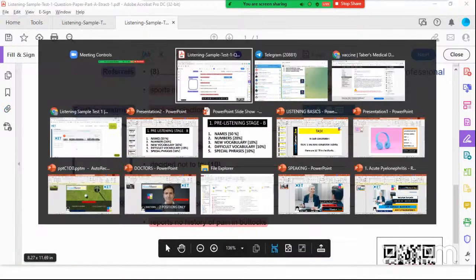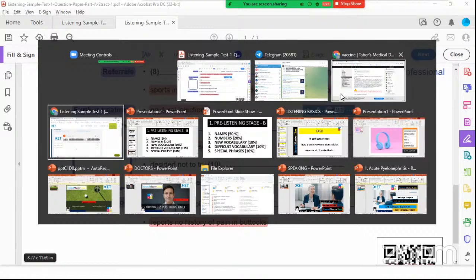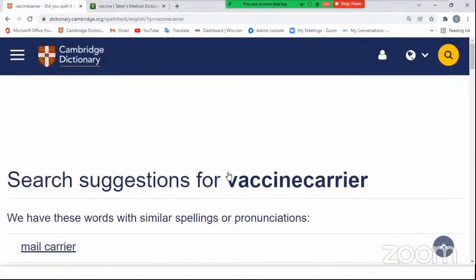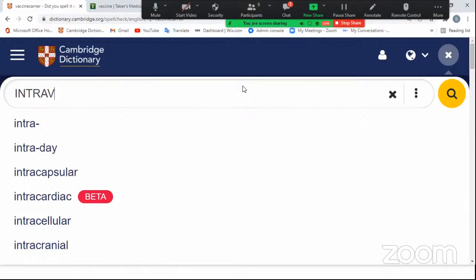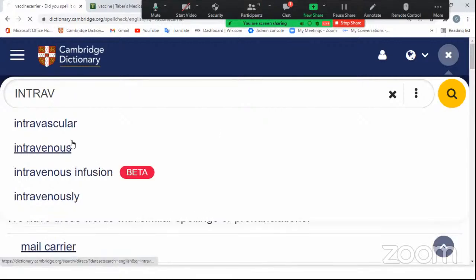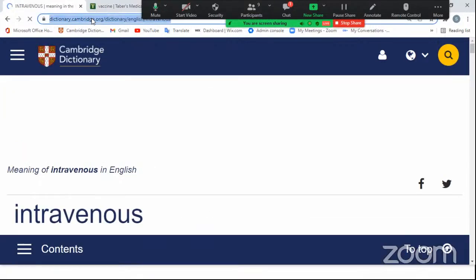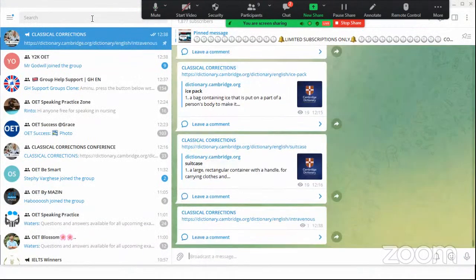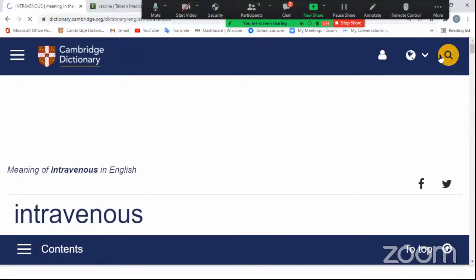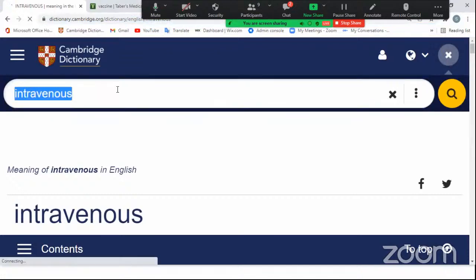You just go to the Cambridge dictionary and it will help you. So intravenous is a single word. One word, that is it. Then now let us see subcutaneous.